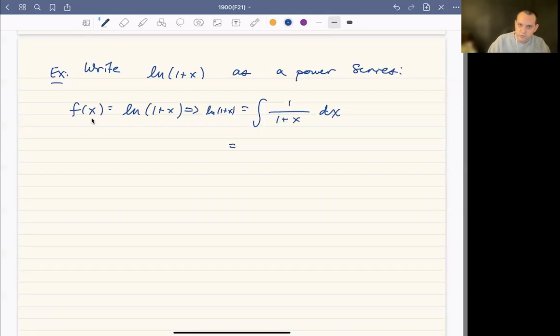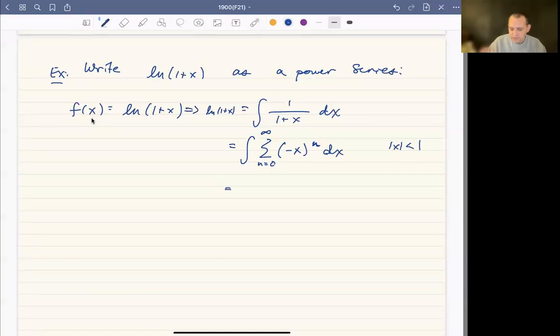So for starters, what we have is 1 over 1 plus x, we can write as the sum of negative x to the n, as n goes from 0 to infinity. Okay, and so this is valid if x is between -1 and 1, as always.